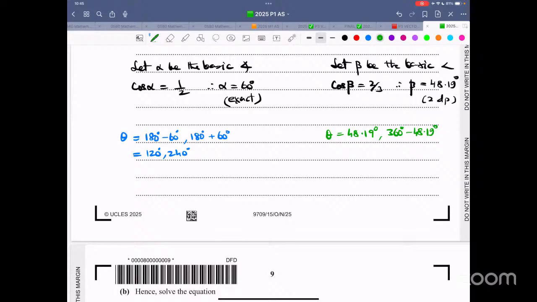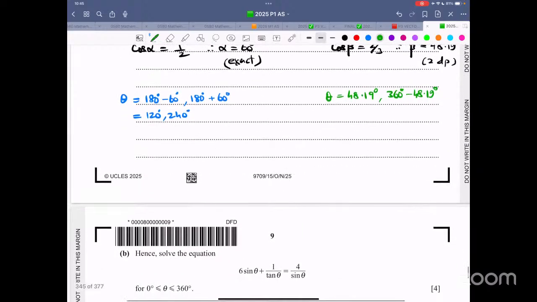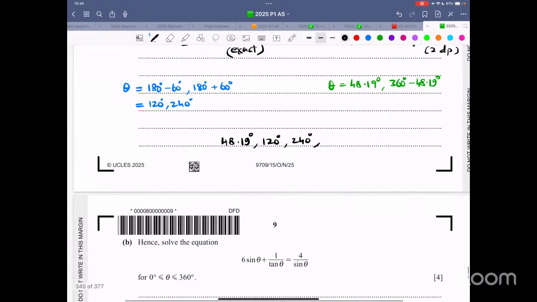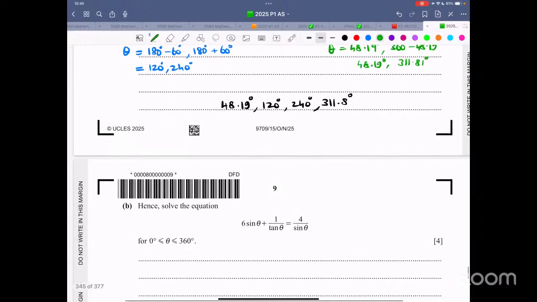So 360 minus 48, and we will write everything down so that the final answer is in ascending order. The first one is 48.19 degrees, the next one is 120 degrees, then 240 degrees. The last one, let me write the rounded off value, that is 311.8 degrees. Actually, that was 81. So this is 311.81 degrees, but after rounding off, that becomes this thing. So these are the four answers.